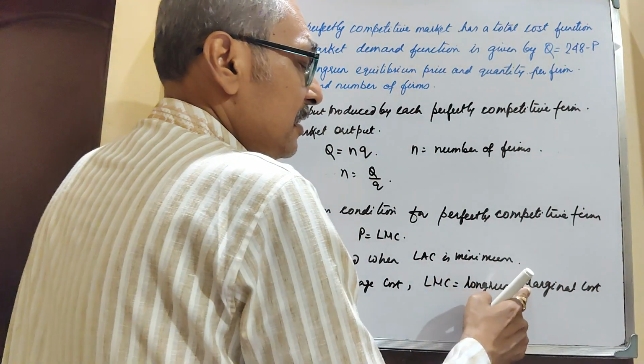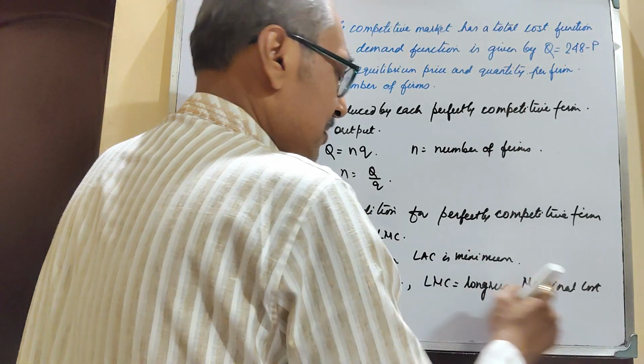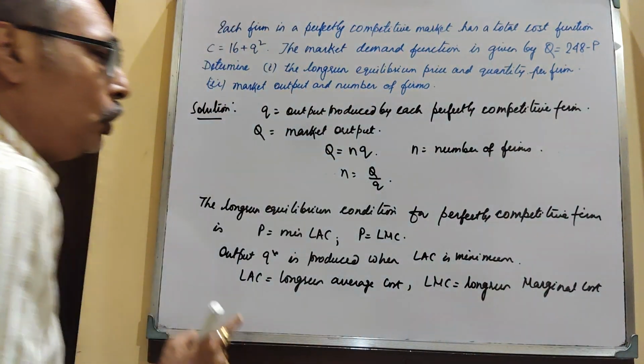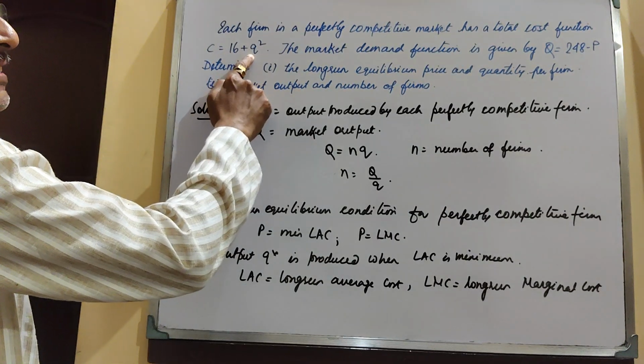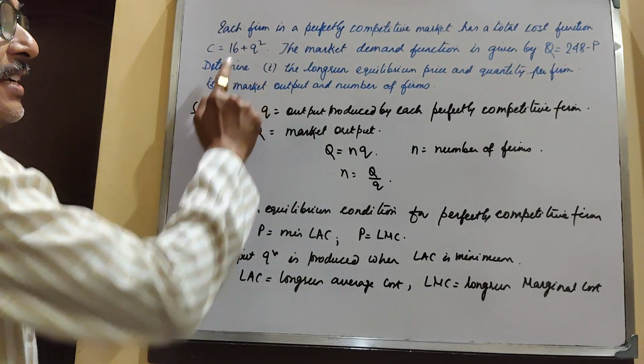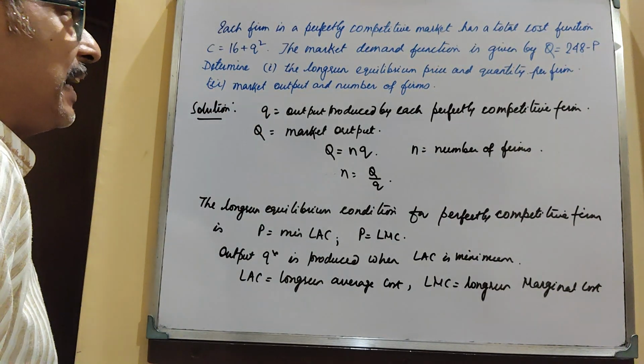Now the total cost is given as 16 plus q squared, and this is in the long run analysis.